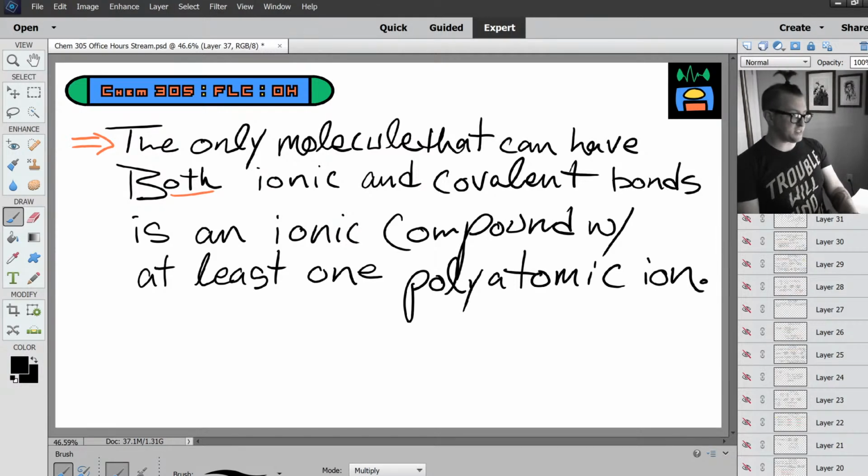So that's what you're looking for when you're trying to identify a molecule that has both ionic bonds and covalent bonds.